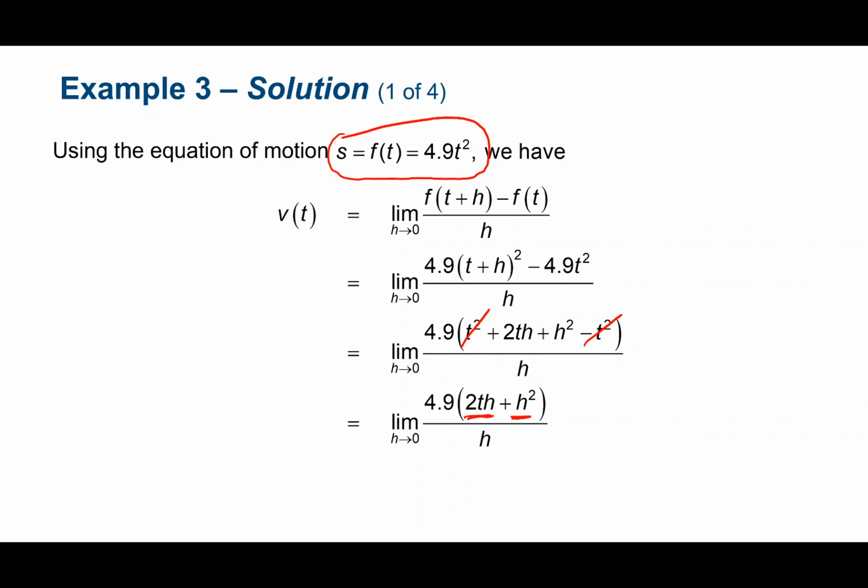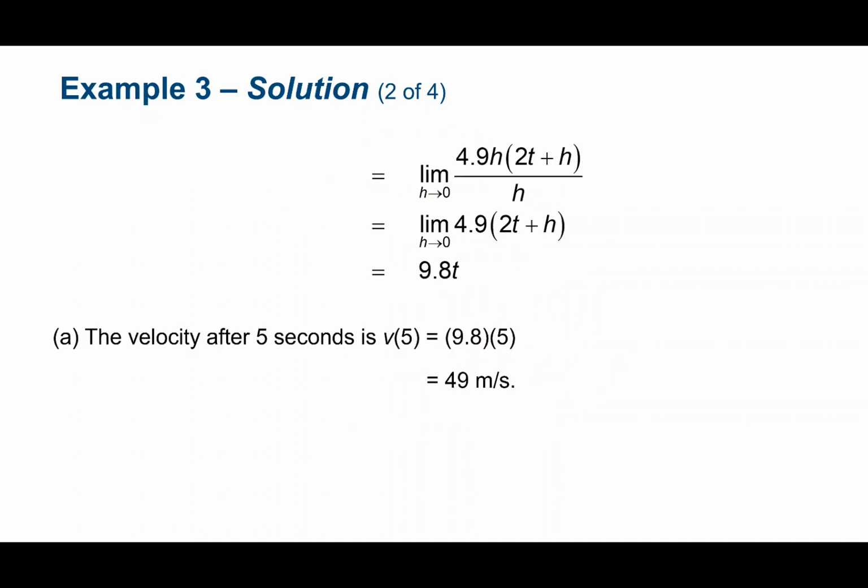That other 4.9 is just a constant, so we're not worried about it. You see anything in common? Yeah, we've got an h in common. So we can factor the h out, and it will cancel with the h in the bottom, leaving us with 4.9 times 2t plus h.